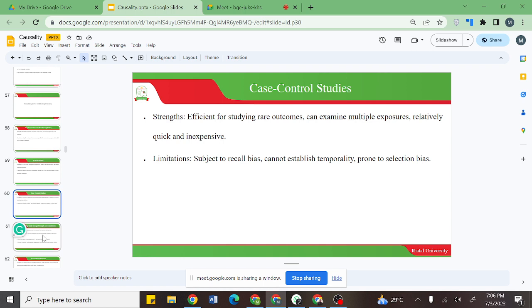And then look at their exposures. You'll find out that the people who are the cases may be exposed to a particular exposure compared to the controls, and therefore you can be able to link the disease to that exposure through carrying out the calculations we talked about, which we call the measures of association.